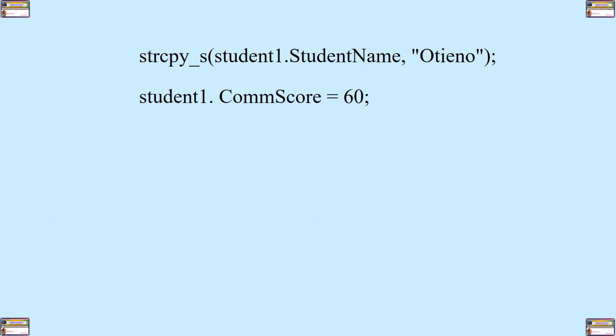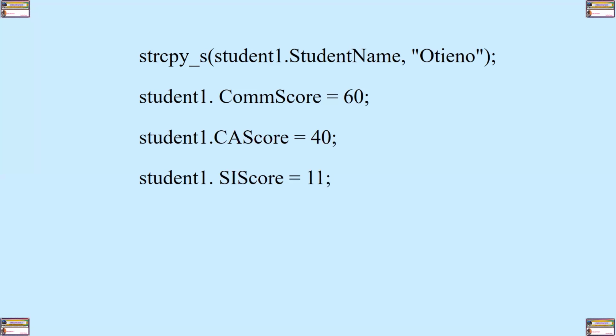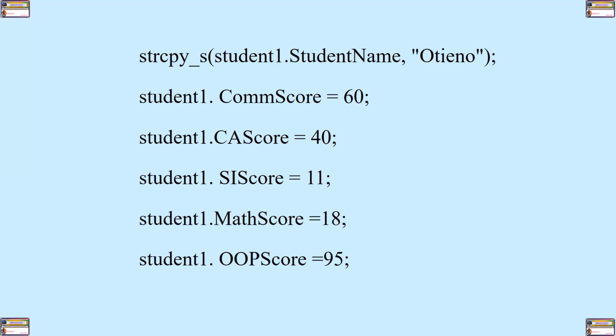Then to assign 60 to comscore, we do it as you can see. The same applies to CS score, SIS score, math score, and OOP score. So that's how you can initialize members of a structure using a statement and an assignment operator.